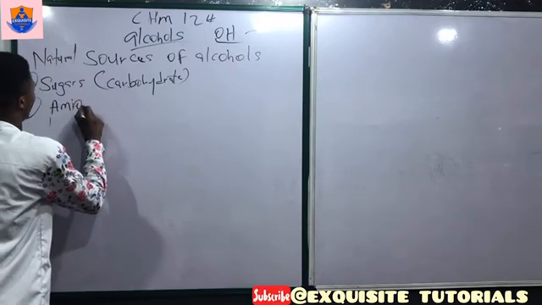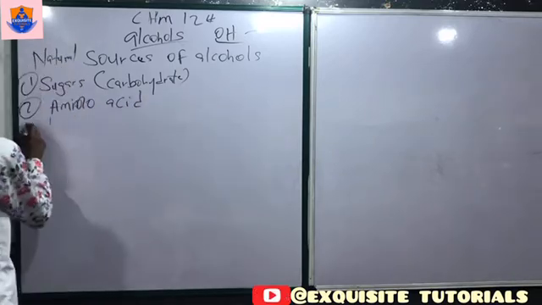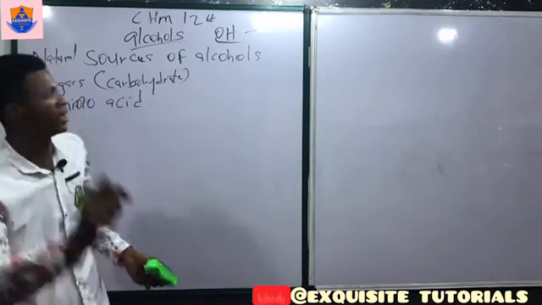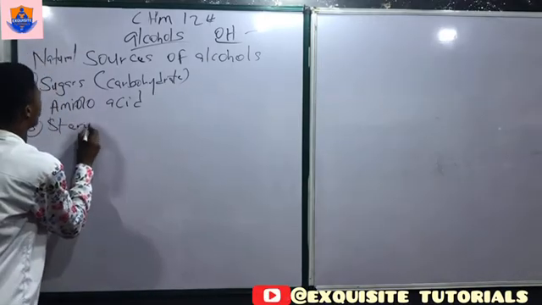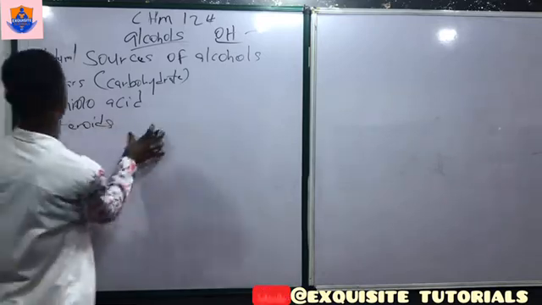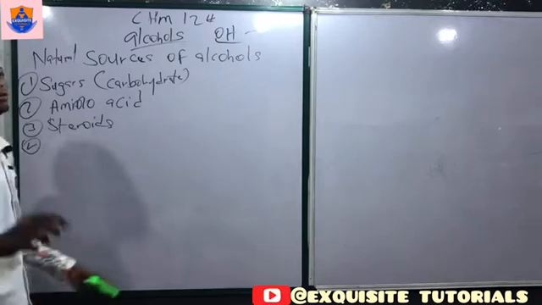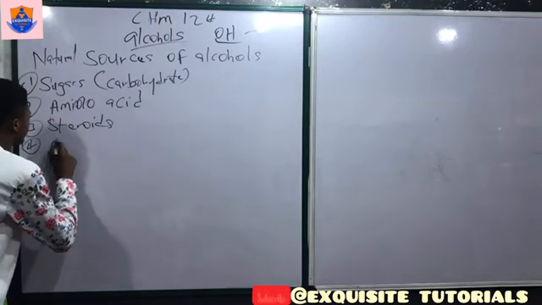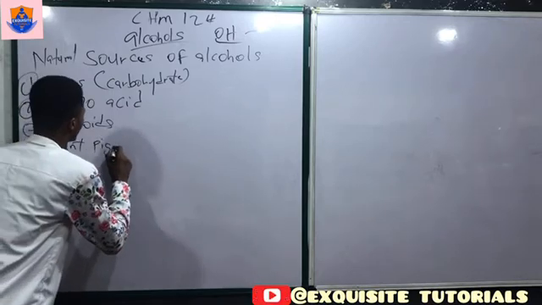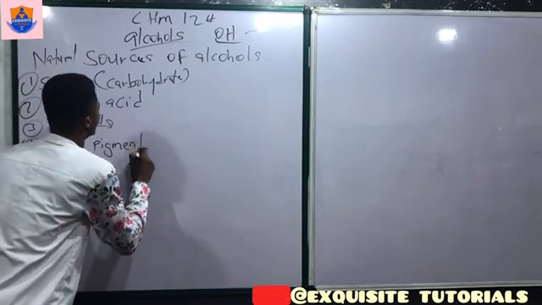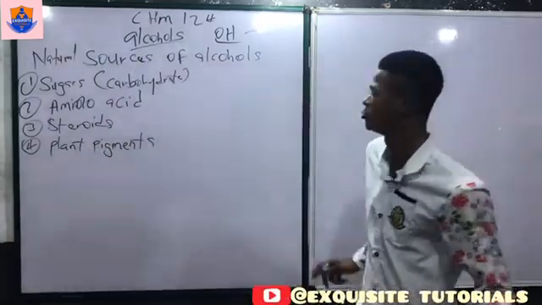Number three, we also have cholesterol, what we call steroids. Steroids are actually one of the natural sources of alcohol. And four, we have plant pigments, which is to say, alcohols can be gotten from plant pigments.